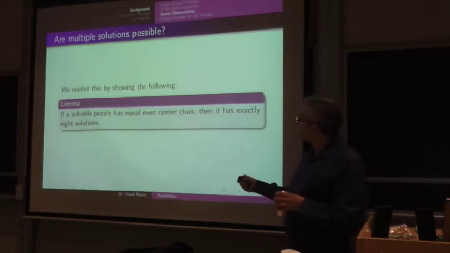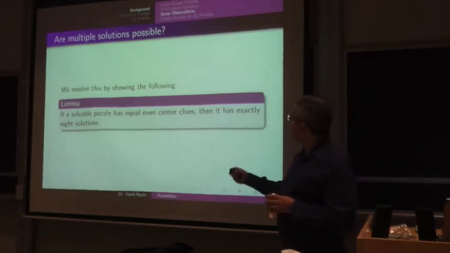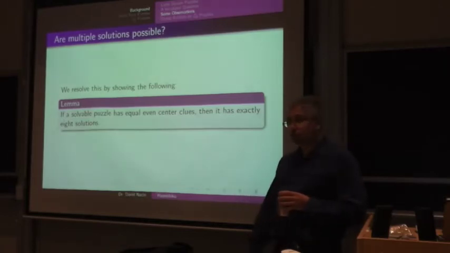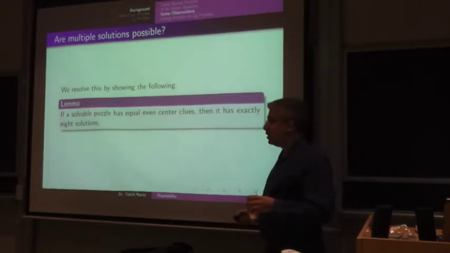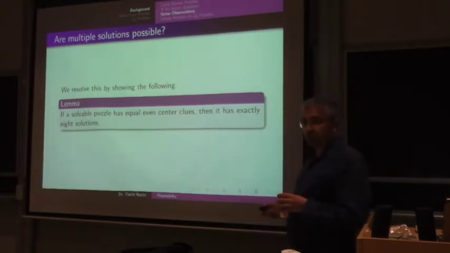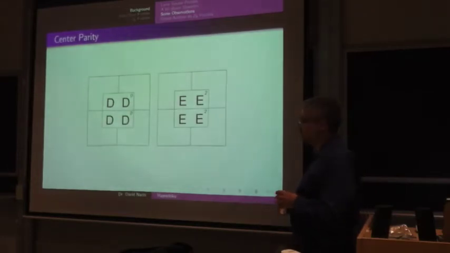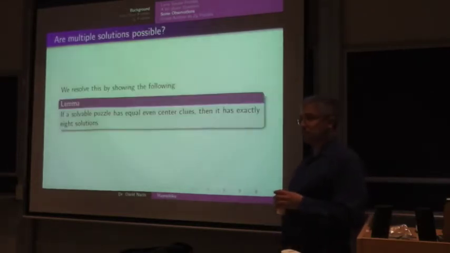Now for the multiple solutions question, I'm going to answer this in maybe one of the more roundabout ways, but if a solvable puzzle has equal and even center clues, then it's going to have exactly 8 solutions. So I'm just going to use the things that we've done so far, those 2 last lemmas, in order to show this. And you're always going to be working with that diagram of blocks.